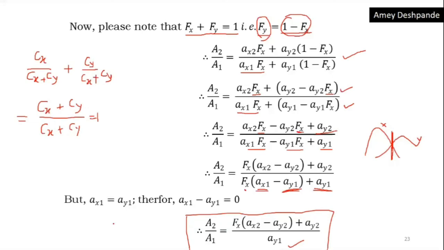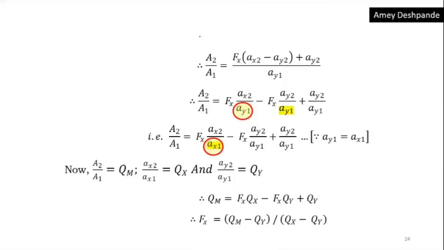So in the next step, I have written down the same equation again, which was there on the last slide. Observe this equation. We are going to expand this equation. How? The denominator, we are going to divide it with every term in the numerator. We will open this bracket and then divide these three terms with ay1.